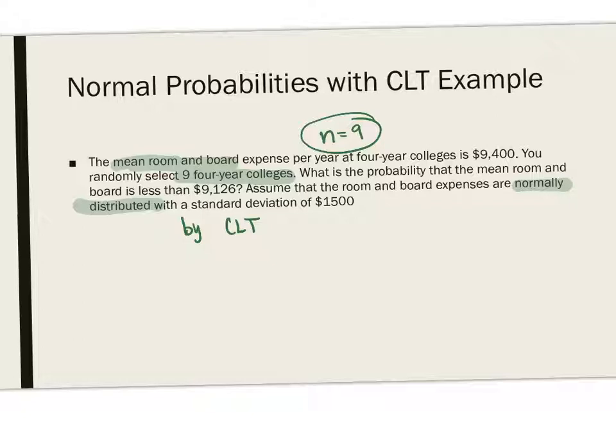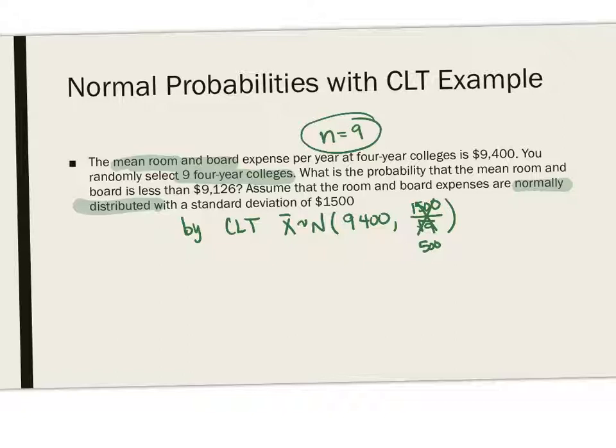In this case, 9 colleges. By CLT, X bar follows a normal distribution with a mean of 9,400 and a standard deviation of 1,500 divided by the square root of 9, which is 1,500 divided by 3, or 500.